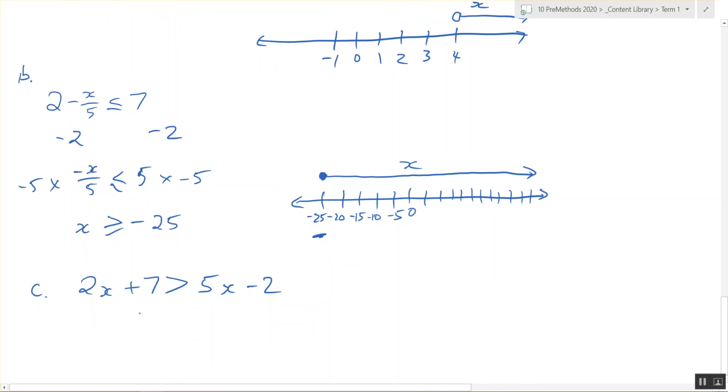Collect like terms. So we're going to -7 to both sides. And what else are we going to minus to both sides? Negative 5x to both sides.